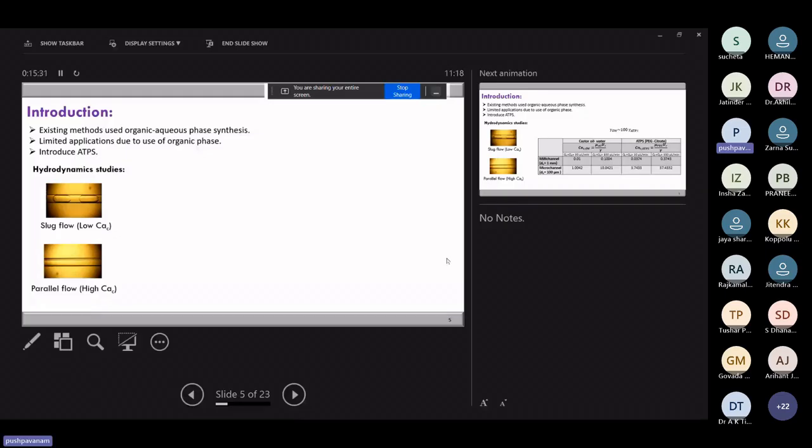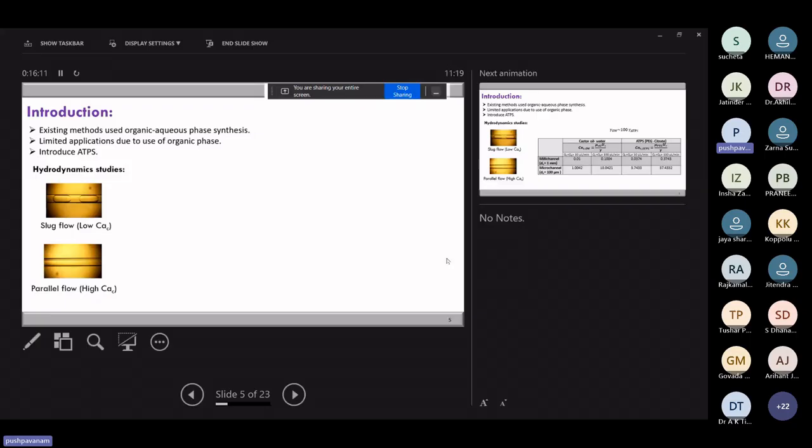We wanted to have a slug flow reactor, because only then can we have internal mixing. The internal mixing in the slug is because of the shear stress imposed on the slugs, which causes internal circulation. The surface tension is very low, and therefore we will always have a very high capillary number.